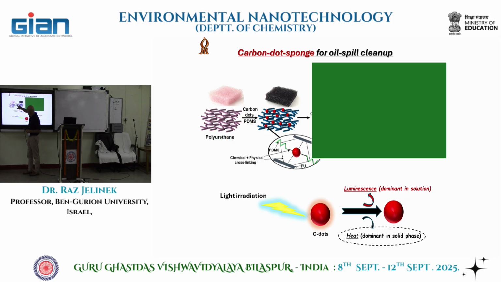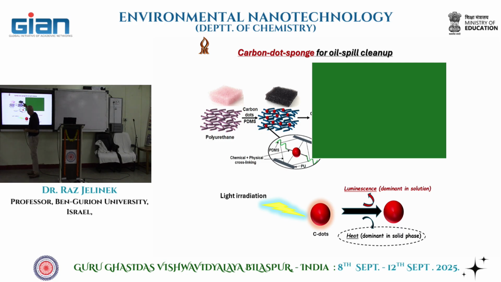What we did, we add carbon dots with some polymer which acts as a cross-linker. And what we get is a new sponge with the carbon dots sitting inside the pores, using the PDMS as some kind of helper, some kind of cross-linker.